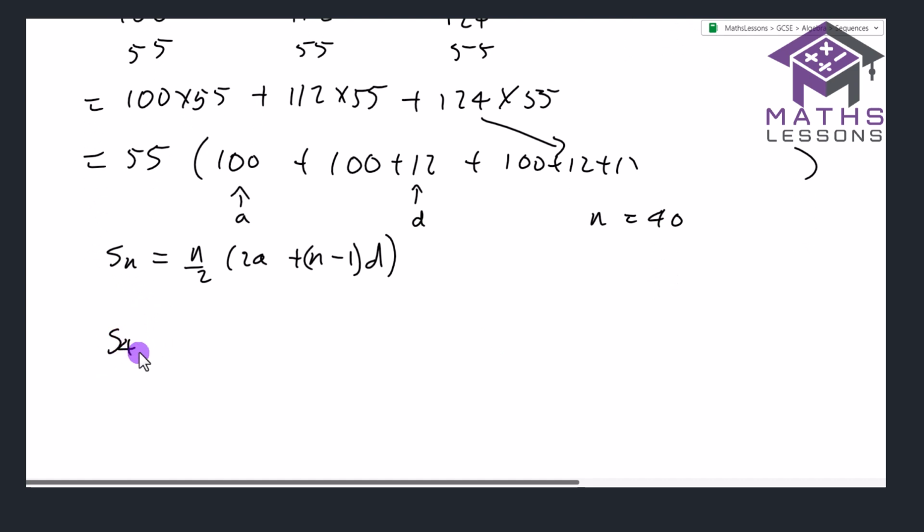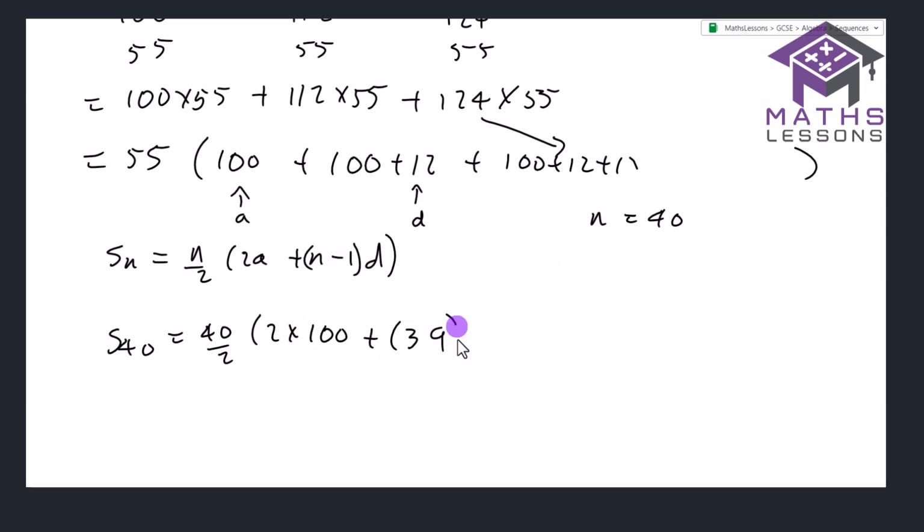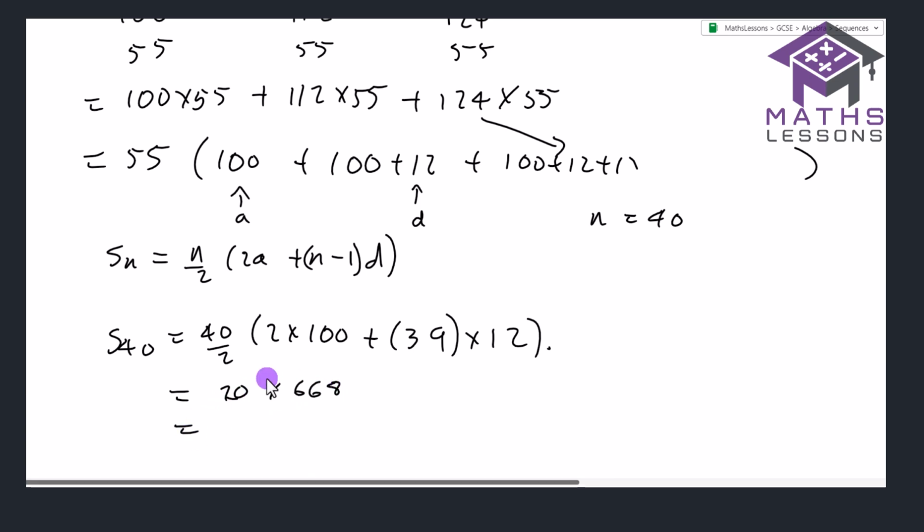So the sum of the first 40 terms, where our first term is 100, is going to be 40 over 2 times 2 times 100 plus 39, because n minus 1 is 39, times 12. We work that all out. We do 200 here, plus 39 times 12, this bit here, gives us 668, so we get 20 times 668, which gives us 13,360.